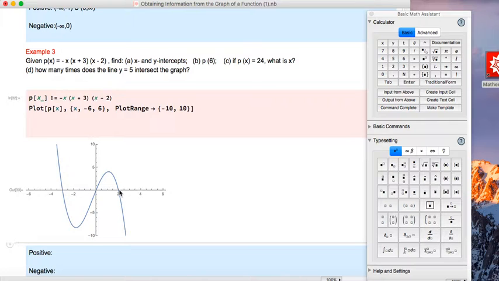In some cases, you cannot precisely say where the x-intercepts are. Let's say if the point is here, it's hard to estimate the precise number. So in that case, we have to use the solve command. So let's just use the solve command to find p(x).